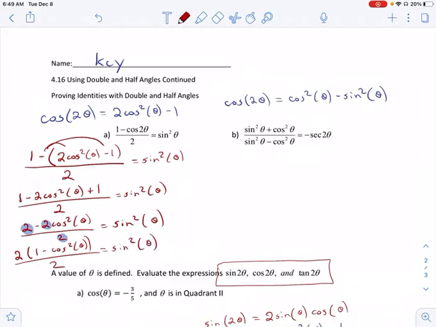And this is nice just to show the fact that I can cross those 2's out. I'm left with 1 minus cosine squared theta on the left-hand side, which actually just equals sine squared theta. So now I have that the left and right-hand sides are equal. So that is the proof of the identity using a double angle.